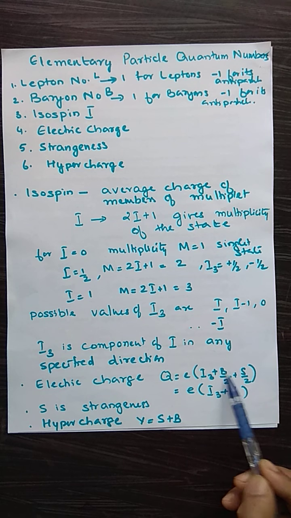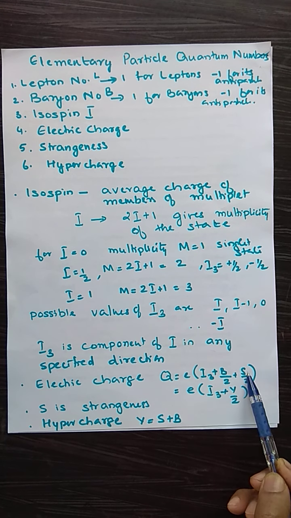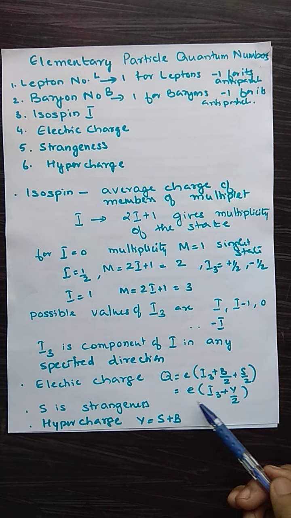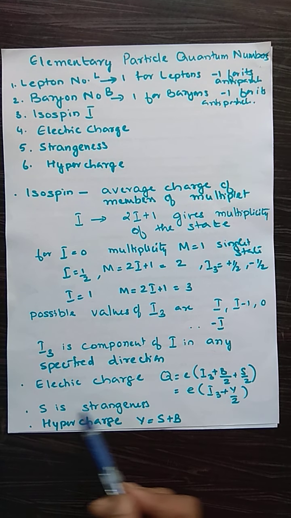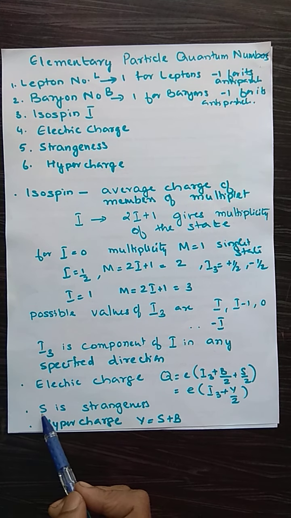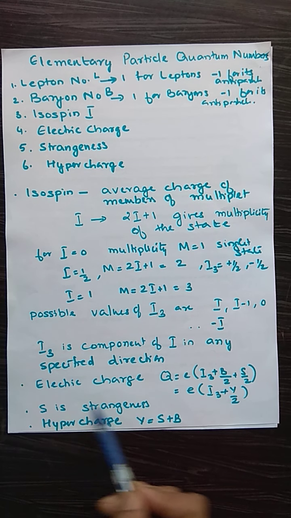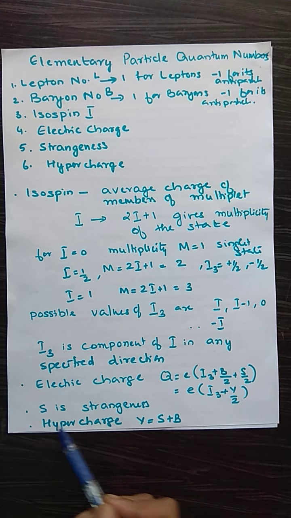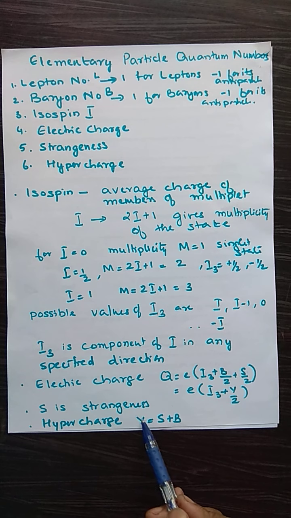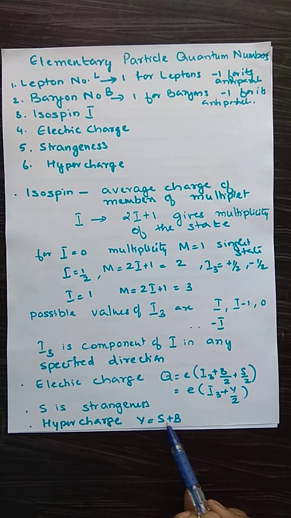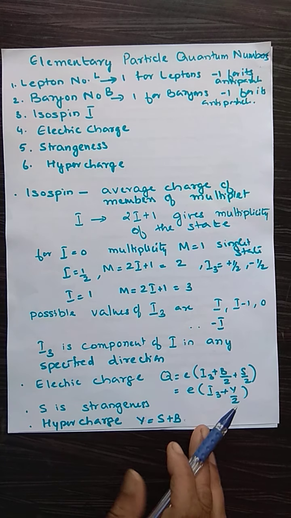S is called strangeness. What is strangeness? I will tell you. So S is strangeness, and another quantity is hypercharge. Hypercharge is designated by the letter Y, that is equal to S plus B, where S is strangeness and B is baryon number.